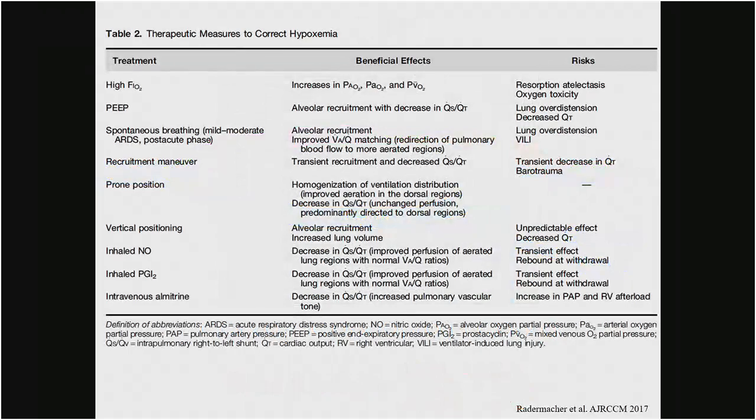Next slide. So here are then the measures that we can take, or the treatments that we can apply, to our patient with hypoxemia. Okay, so we can increase FiO2, although increasing FiO2 in a condition of shunt won't be extremely effective if the shunt fraction is very high.